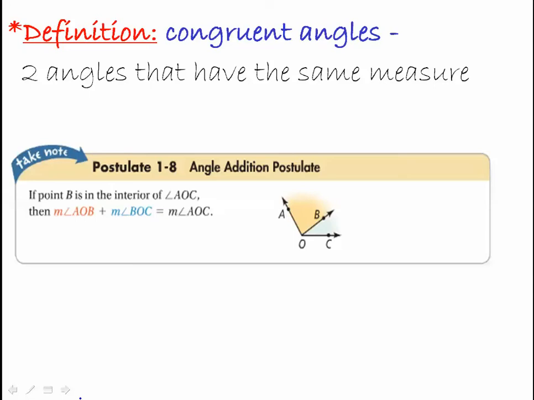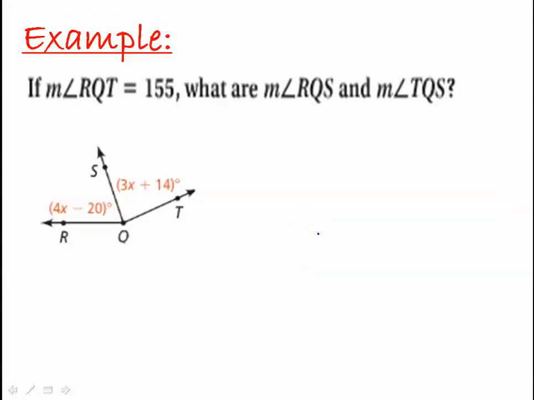It says if point B is in the interior of angle AOC, in other words, if point B is somewhere inside angle AOC, then the measure of angle AOB plus the measure of angle BOC is equal to the measure of angle AOC. In other words, the two smaller angles can be combined or added together to equal the measure of the entire angle AOC.